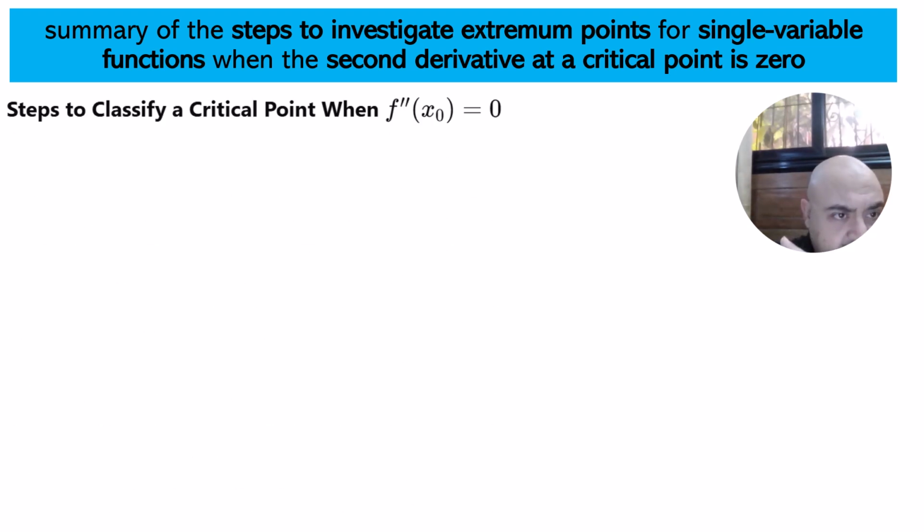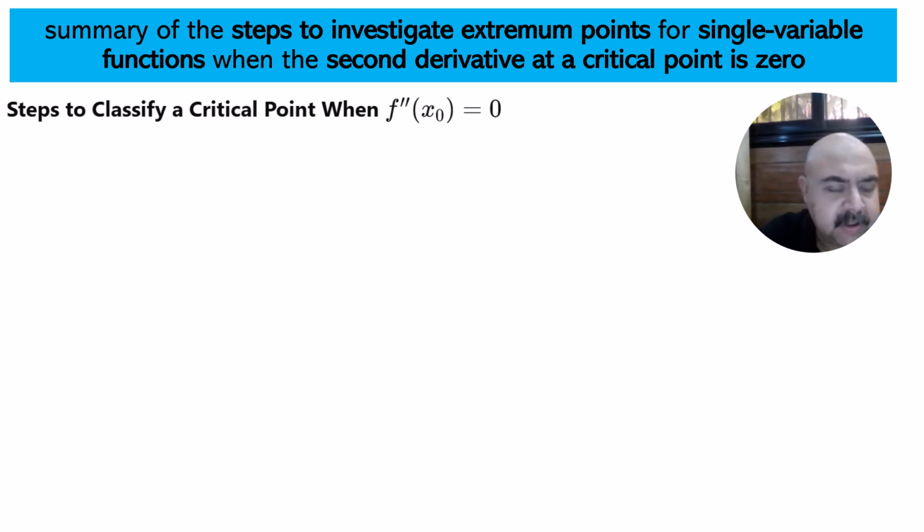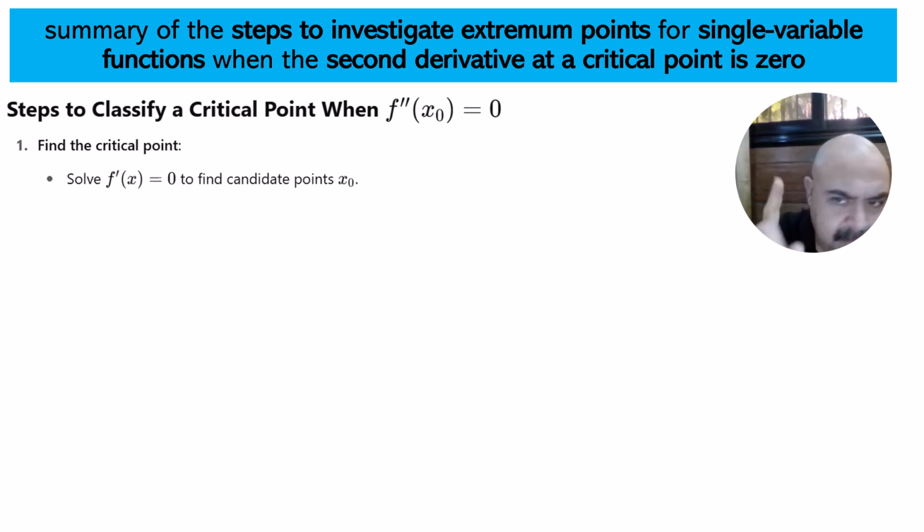So the first thing to remember is how to classify the critical point when f double dash of x equals zero, or the Hessian matrix in multivariable functions is equal to zero. These are the two main points that I want to speak with you about. Remember, first of all, we have to get our critical points, and this happens when f dash x equals zero.